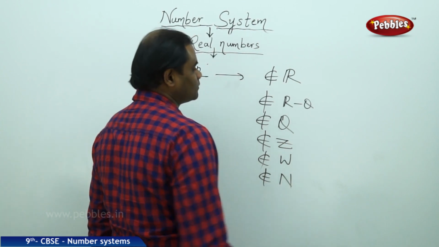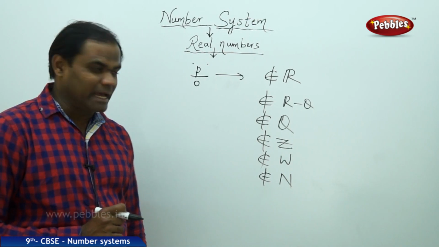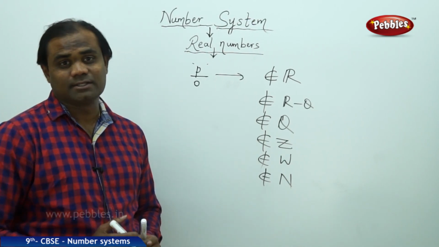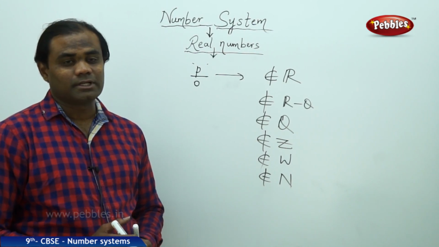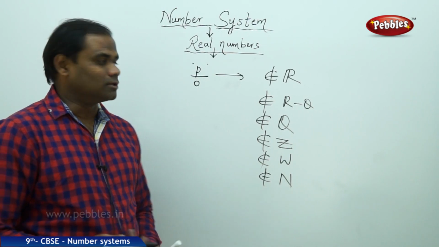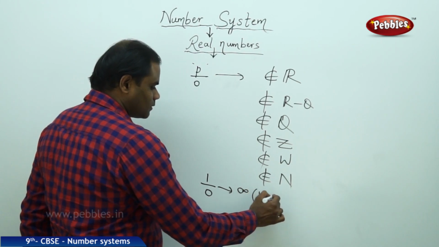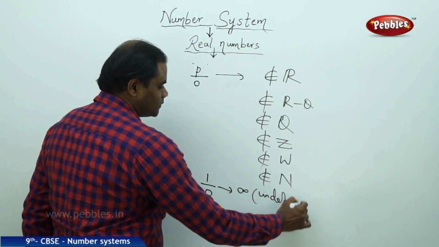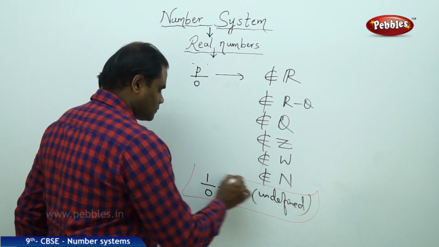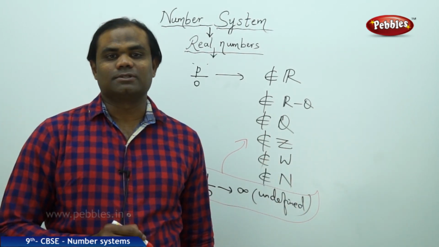The branch of mathematics does not accept a number with denominator 0 in any of its number systems. It's an exception for the number system itself, simply because 1 by 0 is infinity, which is undefined, and that is the reason why this is an exception to the number system.